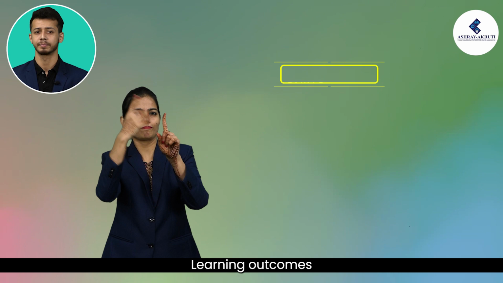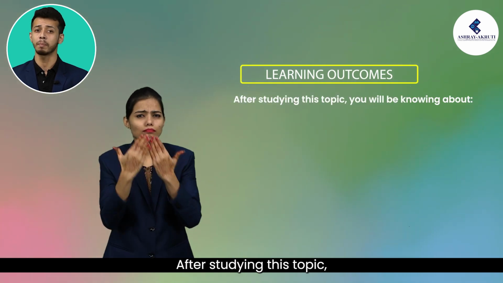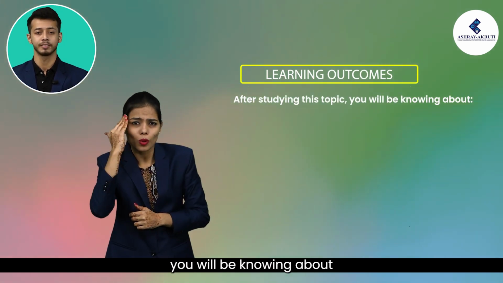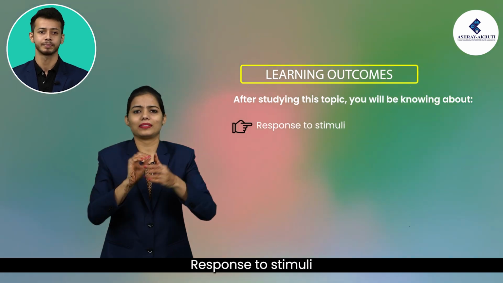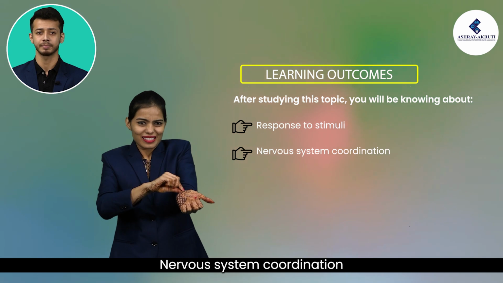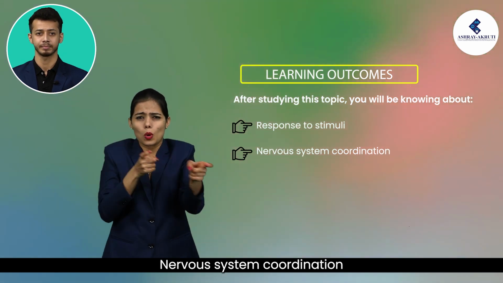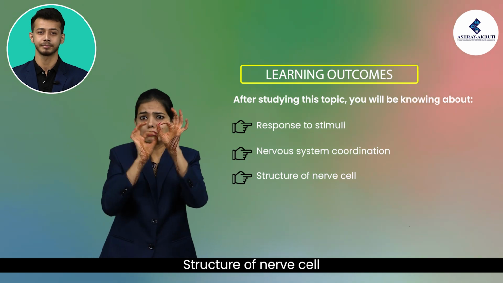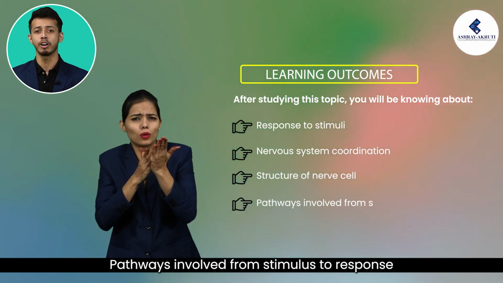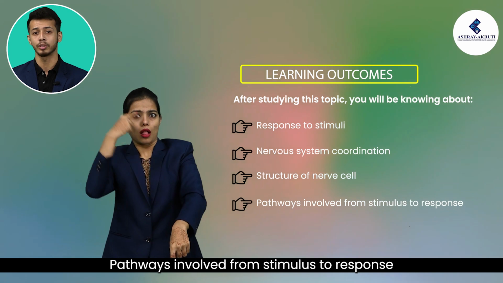Learning outcomes. After studying this topic, you will be knowing about response to stimuli, nervous system coordination, structure of nerve cell, pathways involved from stimulus to response.